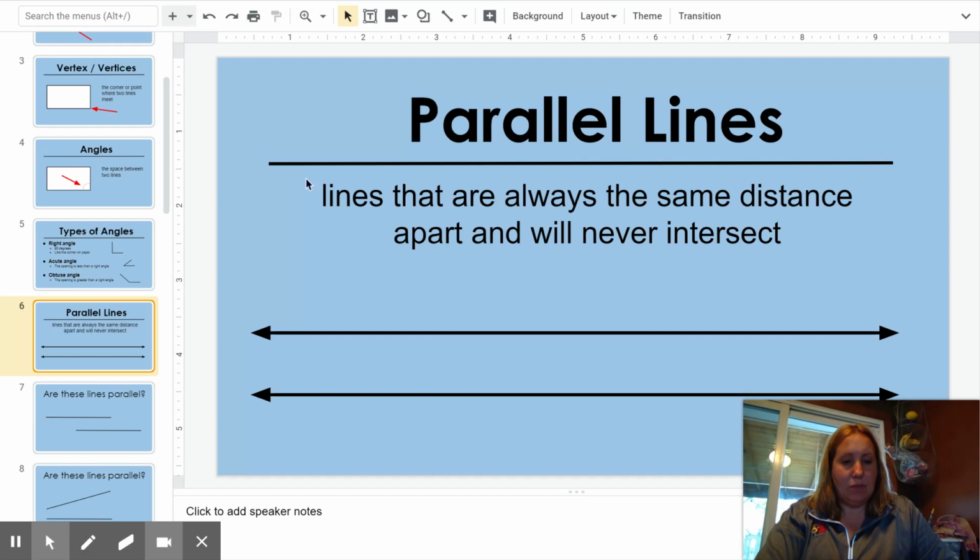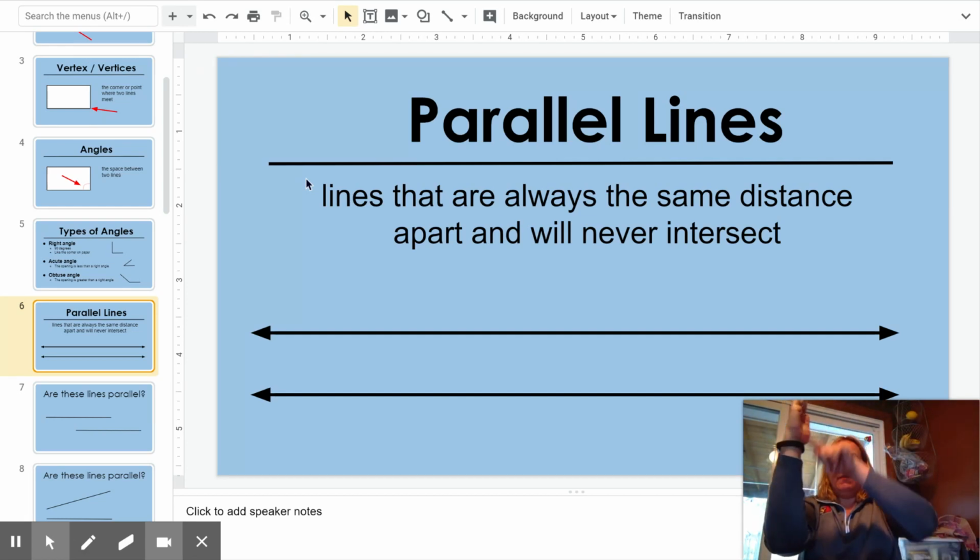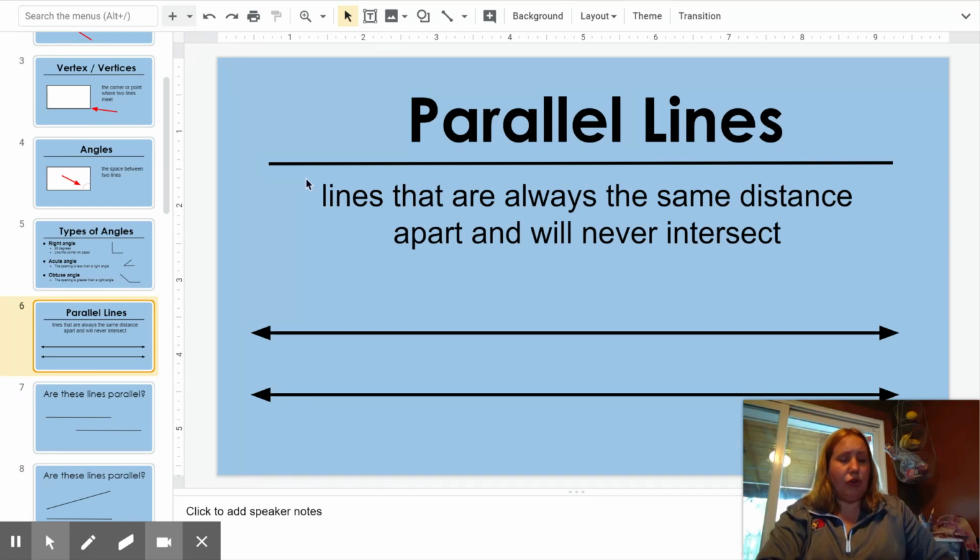And one more word that you might see: if I have a second line that makes a right angle when they intersect each other, kind of like a T, but I could turn it in any direction, those lines would be called perpendicular. You don't have to know those words, but you might see them in third grade or for sure in fourth grade. So I want you to know what they mean if you see them.